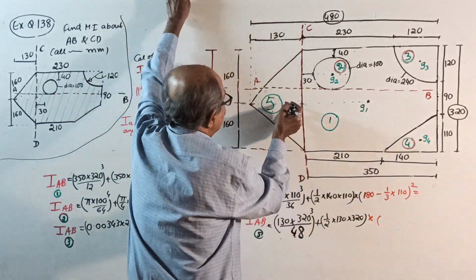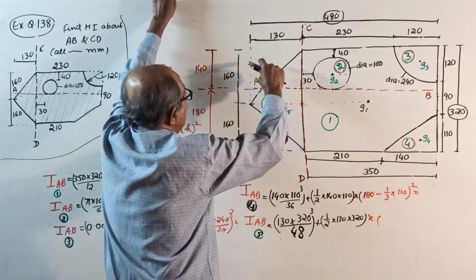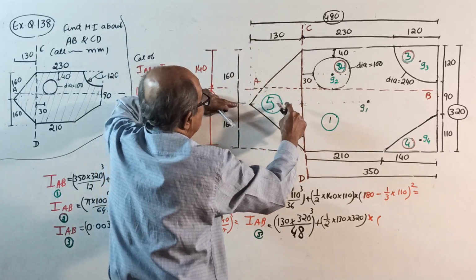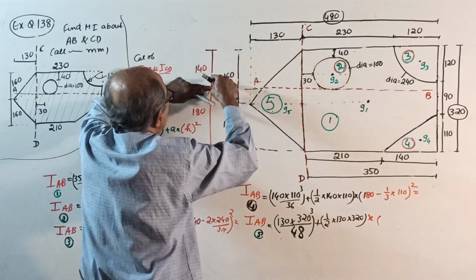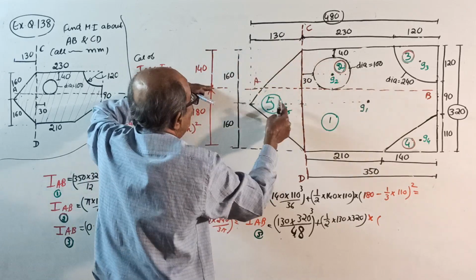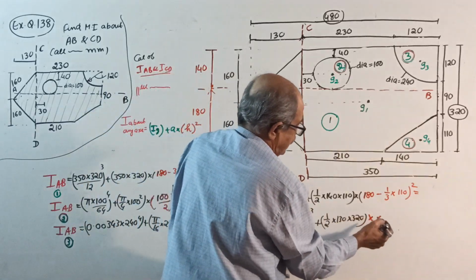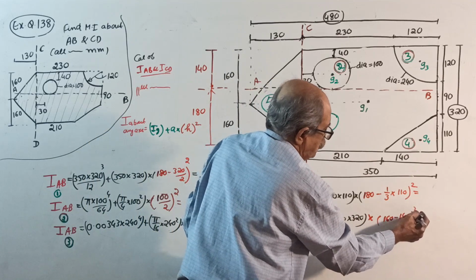into the distance from centroid to here, this distance square. See here, this is 160, from here 160, the centroid is here. See here, this is 140, from here to 140, from here to centroid is 160, 160 minus 140, whole square.